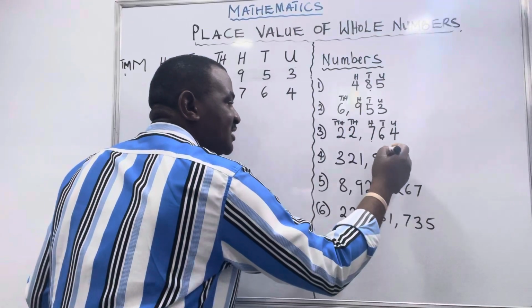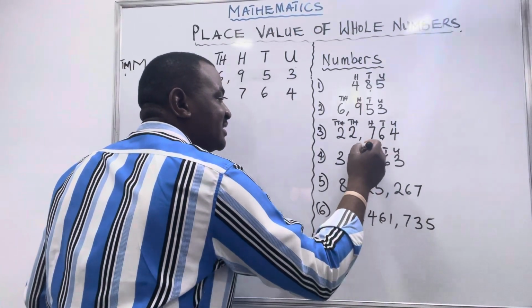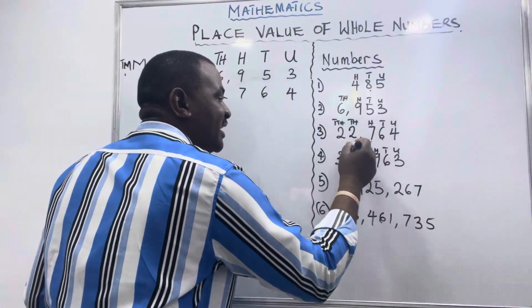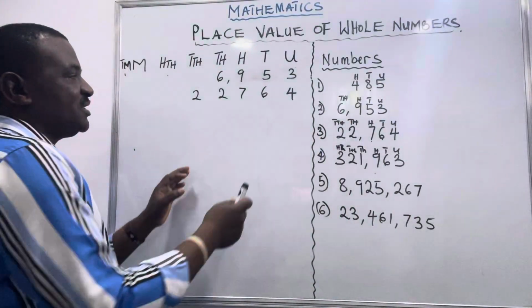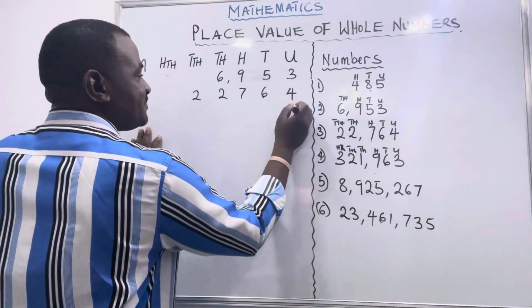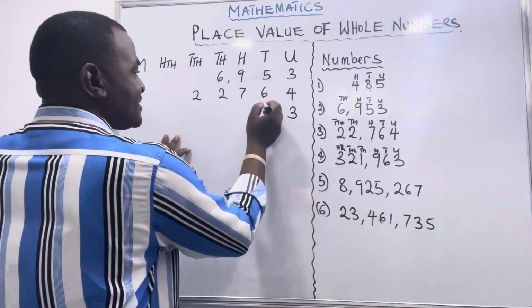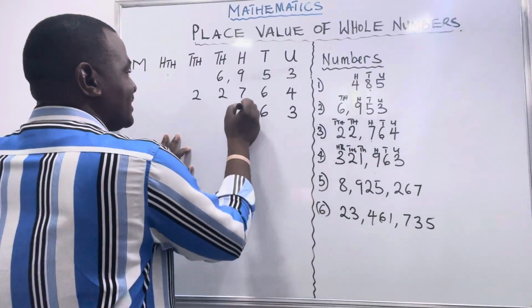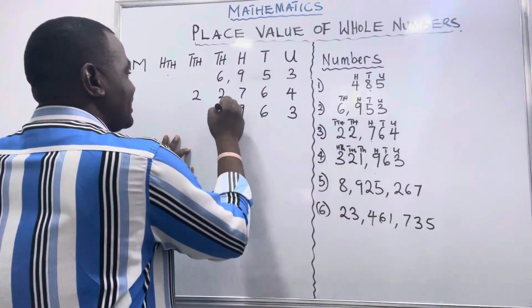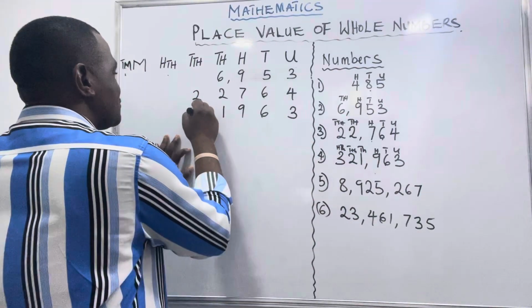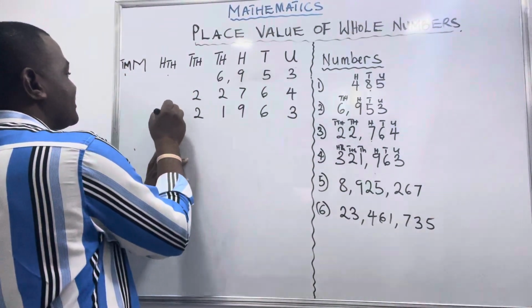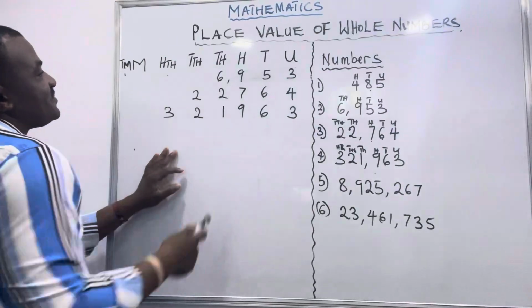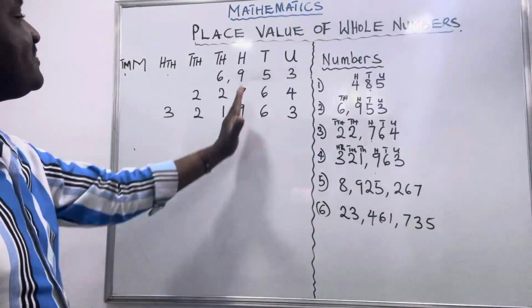Now, units, tens, 100, 1,000, 10,000, 100,000. So let's put here 3, followed by 6, followed by 9, followed by 1, followed by 2, followed by 3. Can you see? Well aligned.